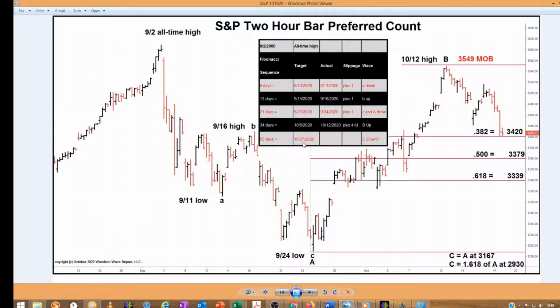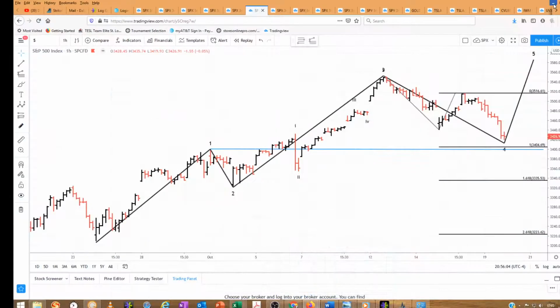In this case, it would be 10/27. What we would need to see is persistent decline, gaps down, will go way below the wave A low here. It could just be an ABC flat, but if there is to be one, that's the place to look for it. So again, there's our wave count.